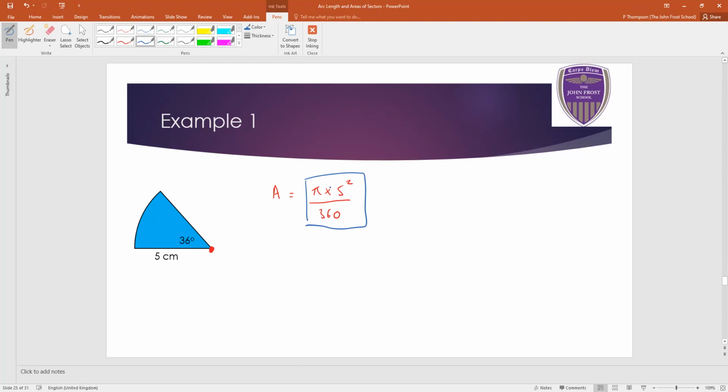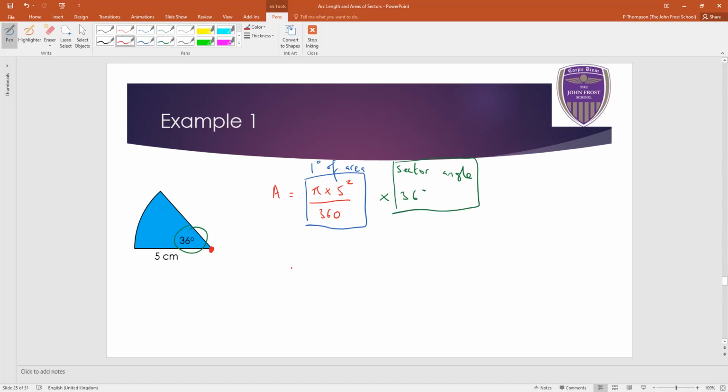So I'll divide this by 360. This will give me 1 degree of area. Once you've got that, the game is over, because I don't want 1 degree. I want 36 degrees. So I'll just multiply by 36 degrees. This is called the sector angle. So you're finding 1 degree, and then you're multiplying by the sector angle.